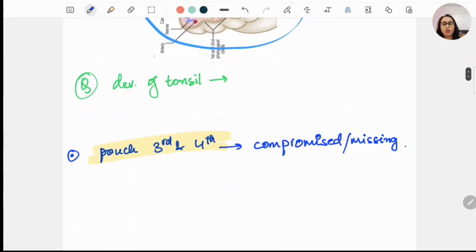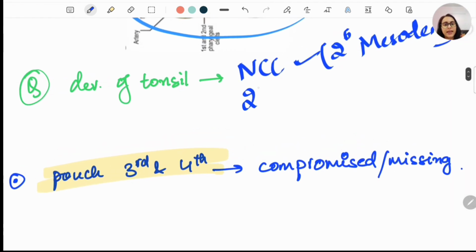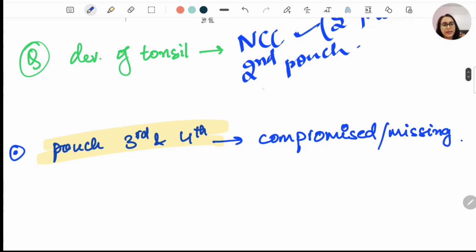So when a question is asked about the development of tonsil, the first answer is going to be the neural crest cells, because it is a secondary mesoderm. This is going to be the first best choice. The second best choice can be the second pharyngeal pouch, because the epithelium of the tonsil is formed by the second pharyngeal pouch, or we can say tonsillar crypts.